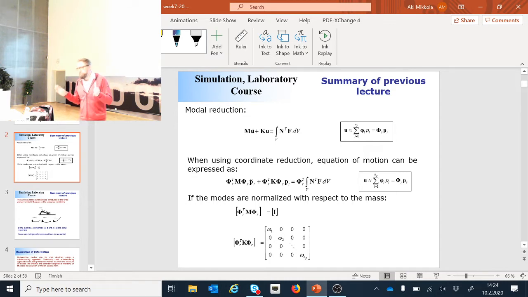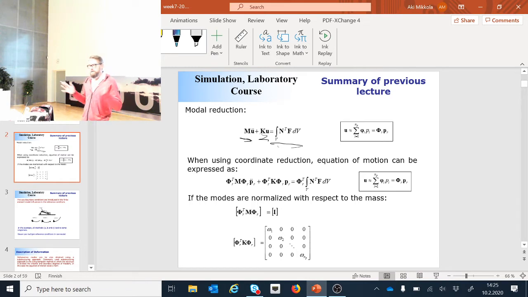So here's the summary. In a finite element model, you can create the equation of motion such that you have a representation of inertial forces, this one here, elastic forces, and externally applied forces. That's the equation of motion. Now, the problem in this form of the equation of motion is that typically the dimensions are very large.